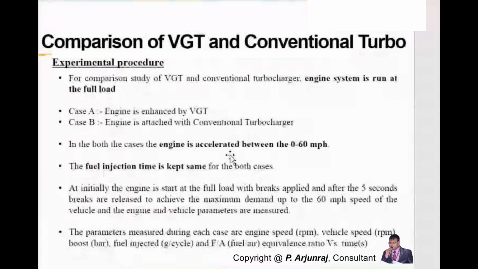Even when you take the vehicle to a higher altitude, to places like Manali or Ooty, where the altitude is higher, you can test one vehicle with VGT and the same vehicle with the conventional turbo, but the pressure condition will also vary.